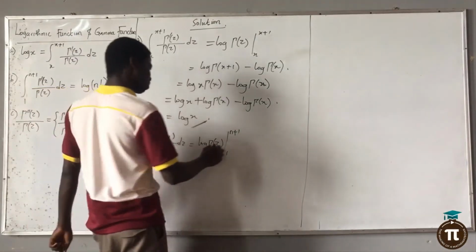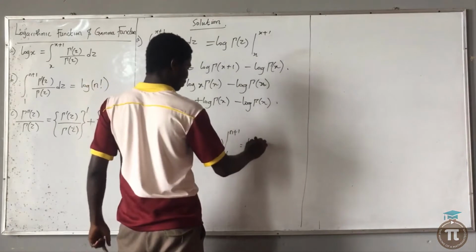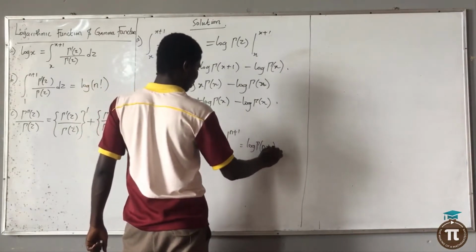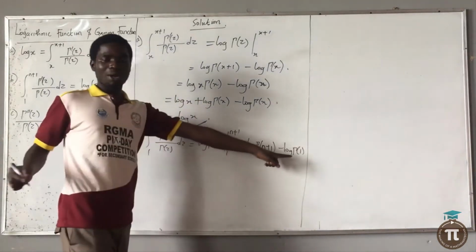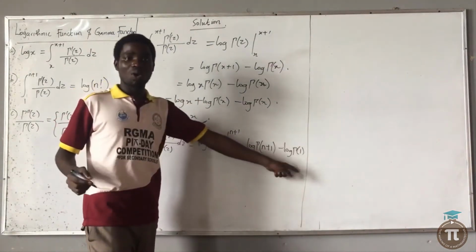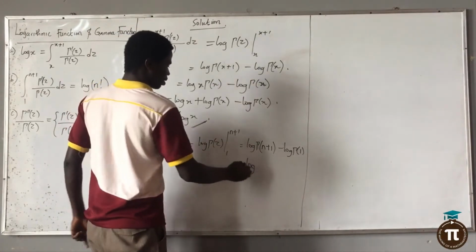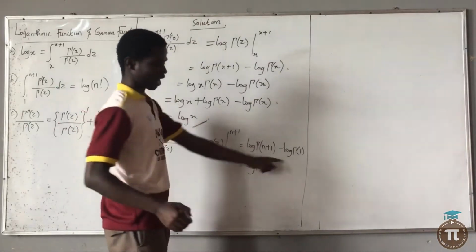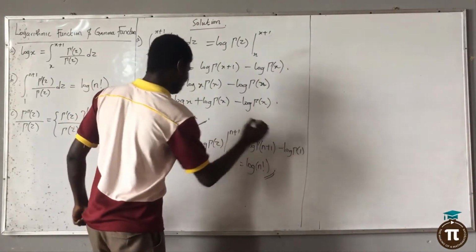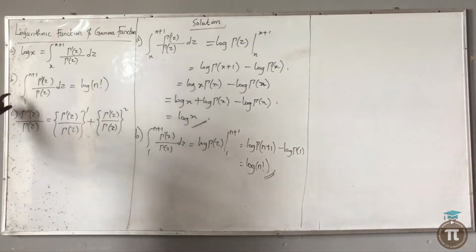So this will become log of gamma of n plus 1 minus log of gamma of 1. Of course, gamma of 1 is 1, and log 1 is 0. Gamma of n plus 1 is n factorial. So minus 0, the answer is log of n factorial, as you can see in the second question.